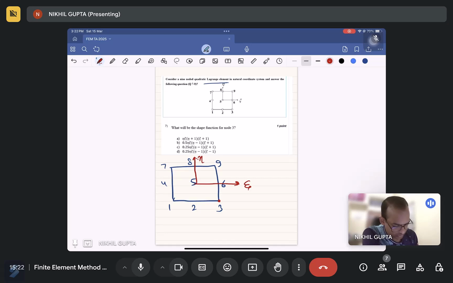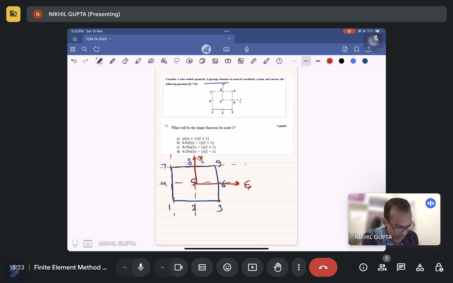Using the same trick, we can draw one line like this, one more line for 5 6, and one line for 2 3. So these are the four lines we have to make to cut all the nodes.